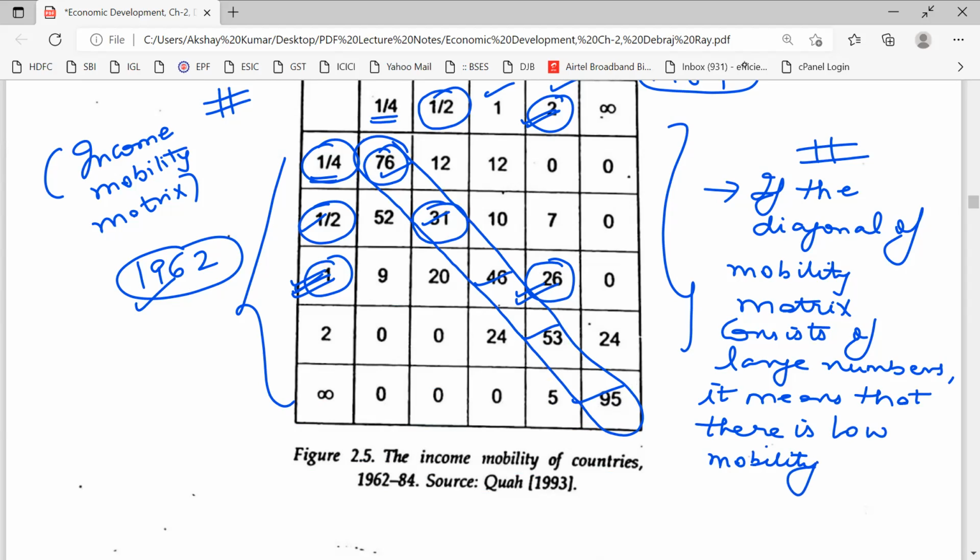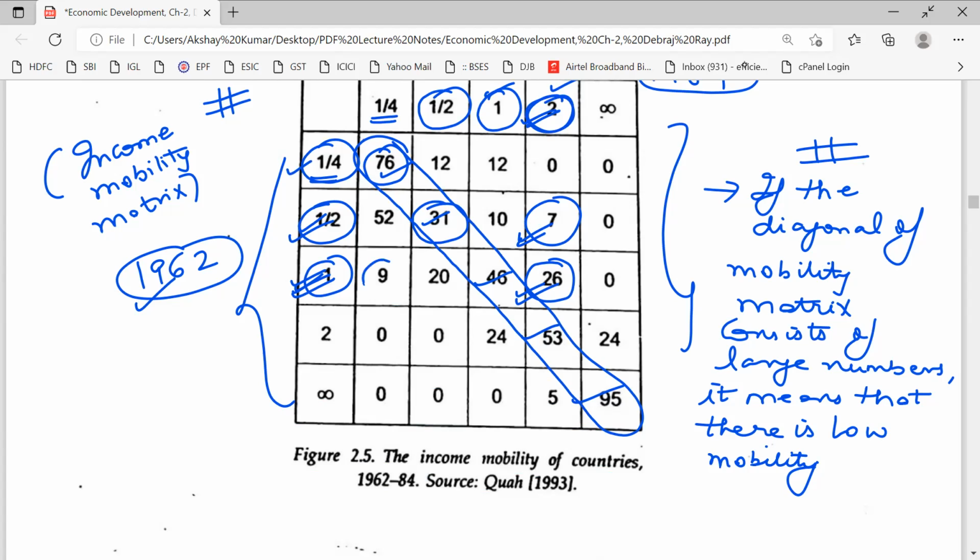Similarly, I can do one more interpretation for you. Let's talk about 7. How will I interpret 7 in the mobility matrix? It means that 7% of the countries whose per capita income was between 1/4th and 1/2 of the world average are now moving to between the world average and twice the world average.